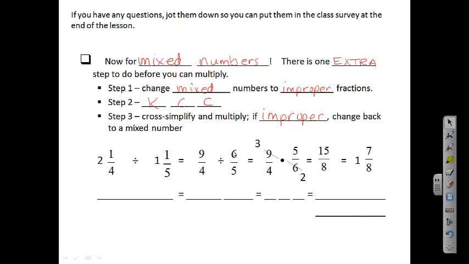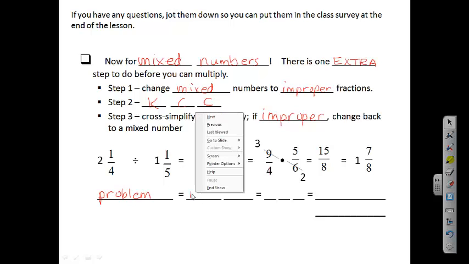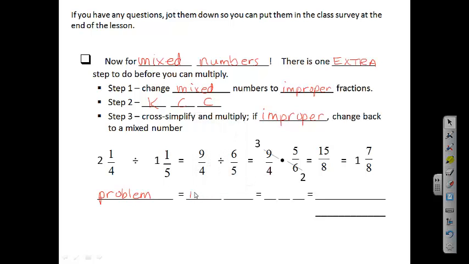Now I've got the whole problem done here. Well, that's weird. It's the same answer as that other one, and I didn't even mean for that to happen. So 2 1/4 divided by 1 1/5 is the problem. And then equals, this step we're changing both to an improper fraction.